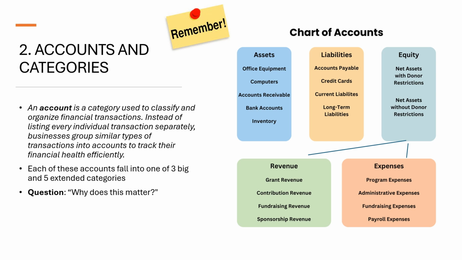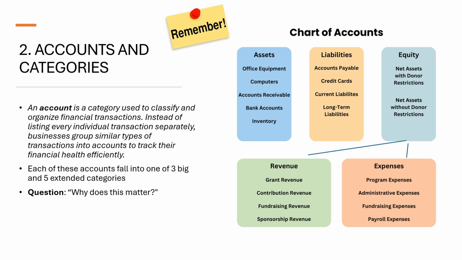Remember, we mentioned there are many accounts, but only three categories. These are assets, liabilities, and equity. The account categories are very essential for organizing financial transactions. Every business records transactions, but to make sense of them, we classify them into special account categories using special names.